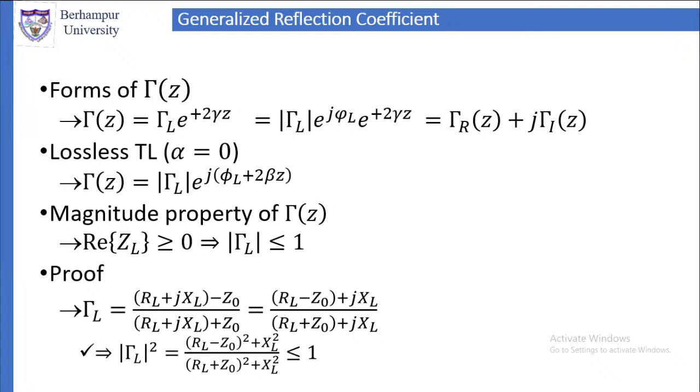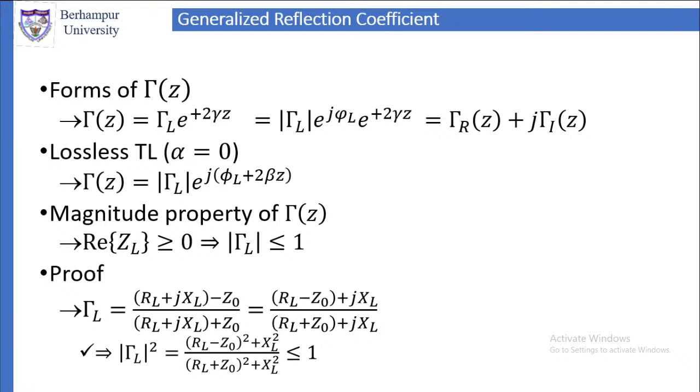If it is a complex number, it can be written as an amplitude into a phase part. So magnitude part, phase part. Magnitude part will be the absolute value of gamma L, into the phase part. Phase part of gamma L is exponential j phi L. So that part remains, that is the second term. So absolute gamma L exponential j phi L, and exponential 2 gamma Z remains as it is.